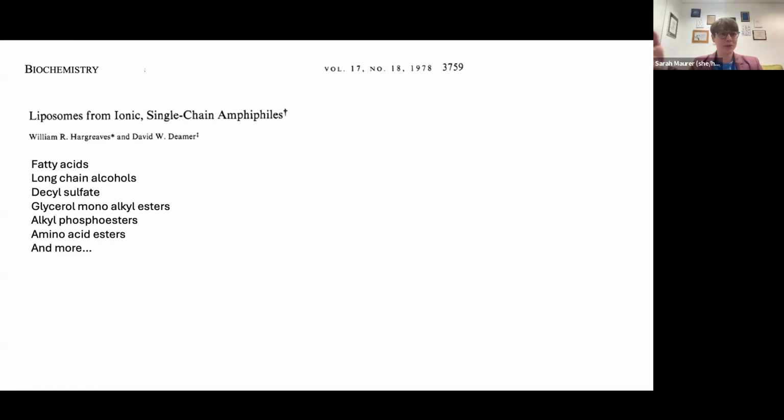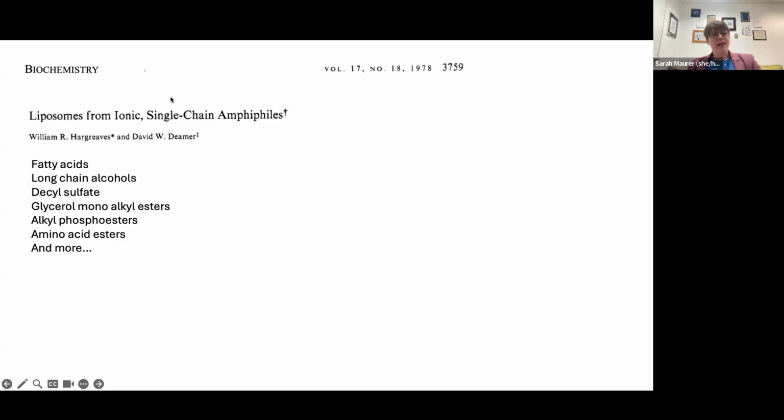All of this was published in this first paper. And since then, we've added more and more different amphiphiles through new discoveries. So these glycerol monoalkyl esters, long chain phosphoesters, amino acid esters. So, more and more head groups for our decanol, essentially, or decanoic acid.